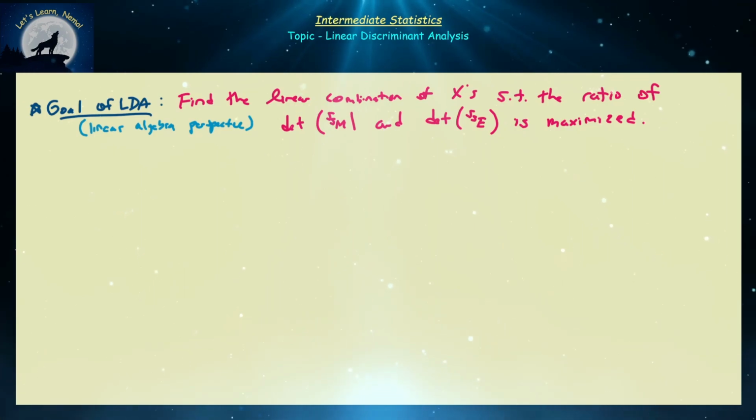From the linear algebra perspective for linear discriminant analysis, one can come up with the fact that this is equivalent to finding the linear combinations of our x's such that the ratio of the determinant of SSM and the determinant of SSE is maximized. Keep in mind the determinant of covariance matrices, which is the product of the associated eigenvalues of those matrices, can be viewed as a generalized variance, because it's not the trace, it's the determinant.